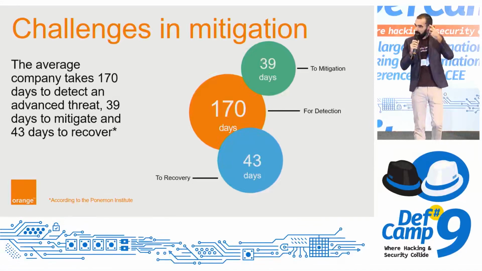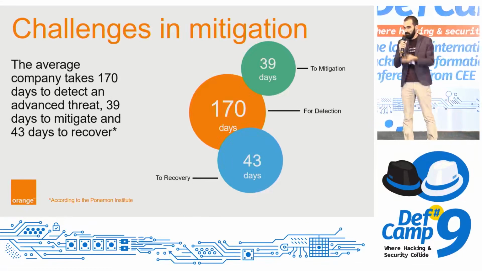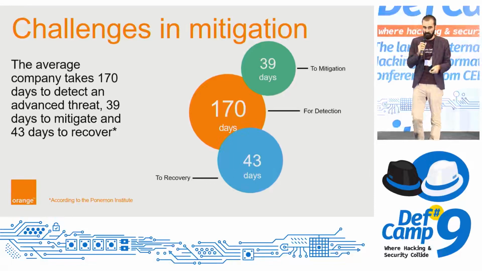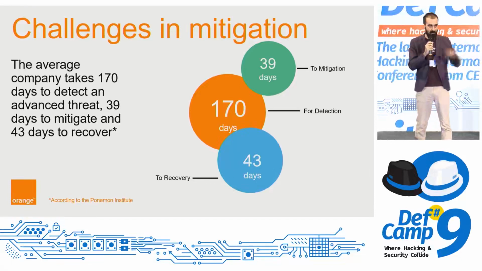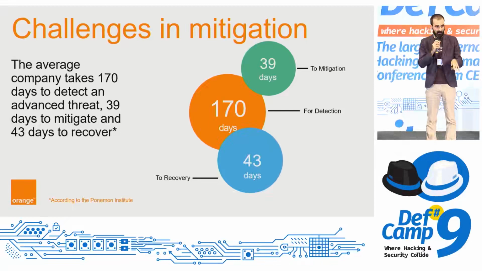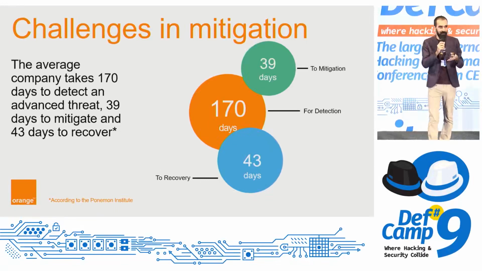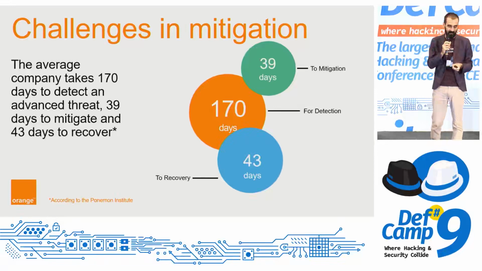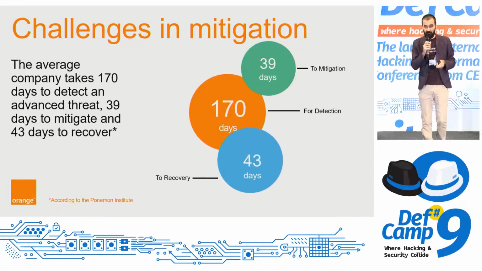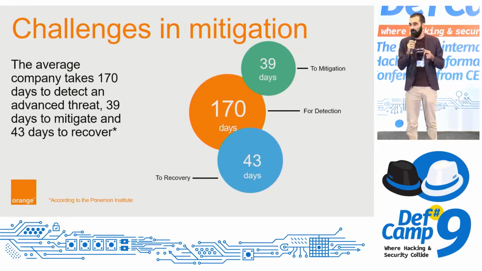Maybe you can go back and look at your activity for the past 6 months. Things you worked on at your job, documents you created, code you wrote, and think that somewhere in your network there's something lying dormant that exfiltrated every bit of information that you created on your workstation, on your file servers, and you simply don't even have a clue that this is happening, because it takes up to 39 days to mitigate such threats, and 43 days to remediate.